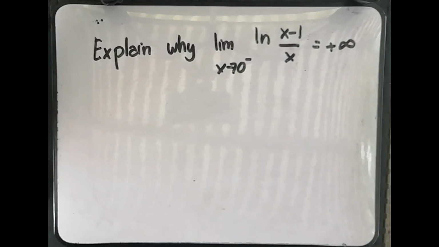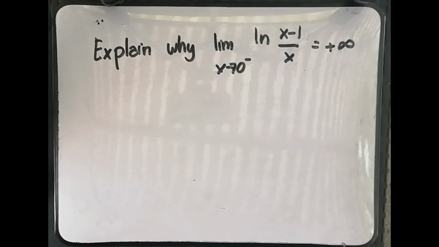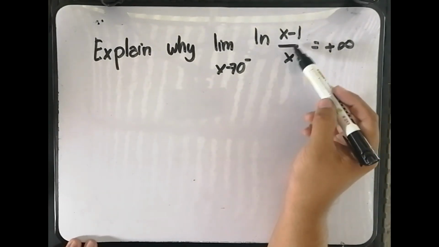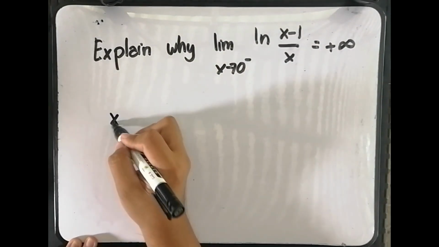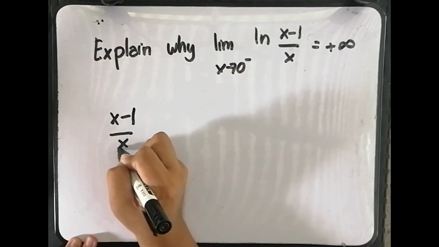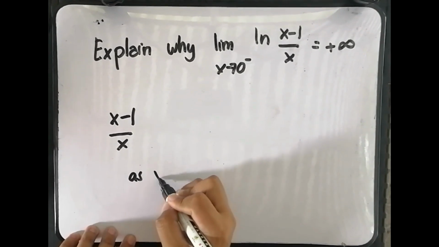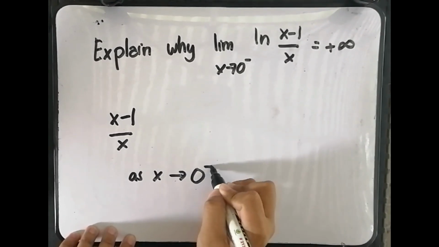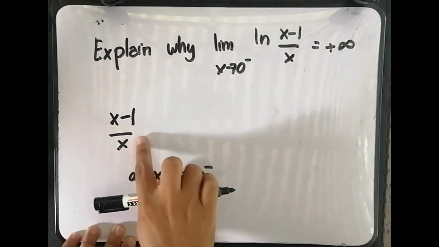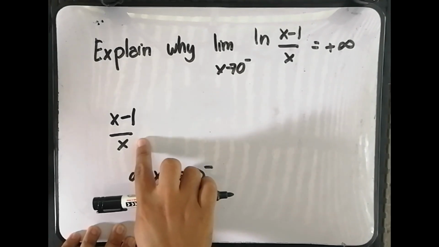Okay, eto, medyo kailangan ng explanation. So let's explain why the limit of ln of (x minus 1) over x as x approaches 0 from the left is equal to positive infinity. Again, tignan natin yung argument niya, yung (x minus 1) over x. So let's observe, ano nga bang nangyayari dito as x approaches 0 from the left? (x minus 1) over x actually increases.